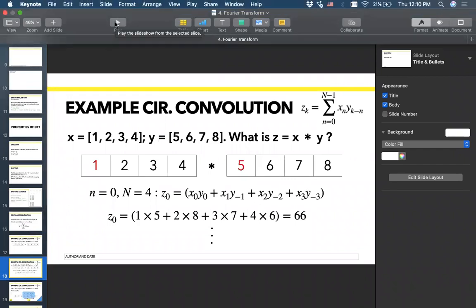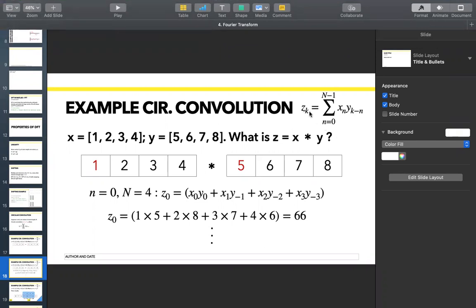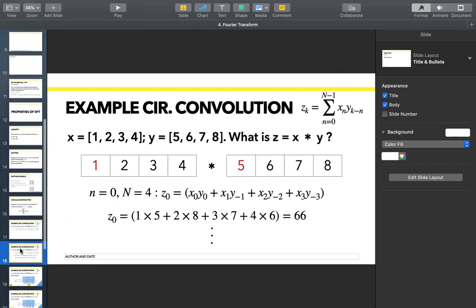Okay, that's just for the first element in K or in Z. So that's Z0. We would need to do that for all 4 elements of Z. So you would just increase your value K to K equals 1, and then K equals 2, and then K equals 3. And that's just going to change this here. All right, so you can do it mathematically like that.